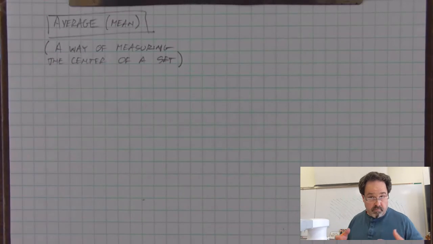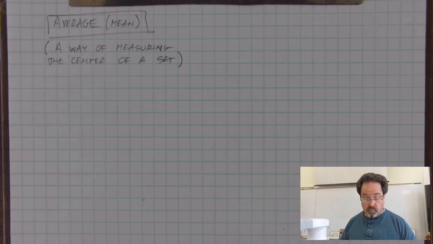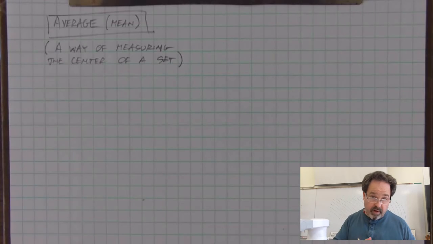Finding the center of something is very meaningful in mathematics. When the something that you're trying to find the center of is a set of numbers, then an average is one way to consider what that center is.